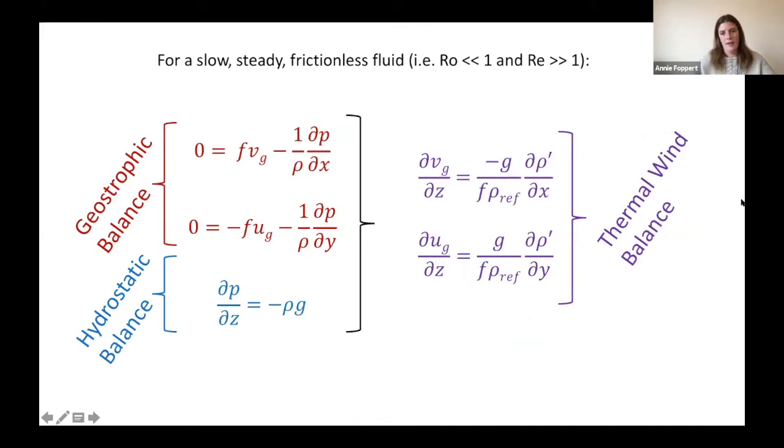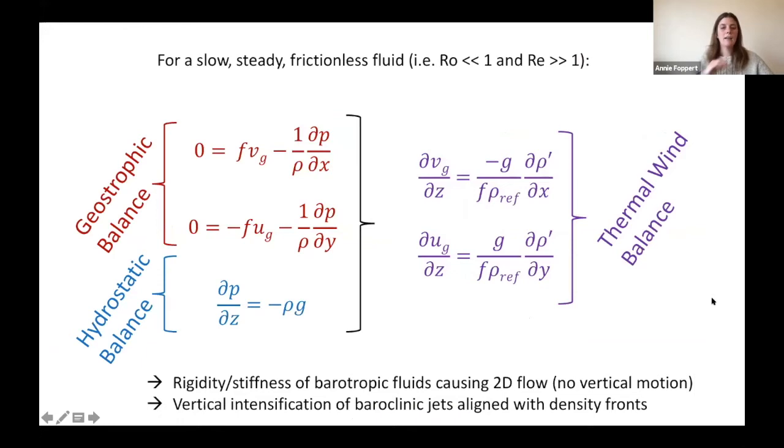And so that's a summary slide for you. The geostrophic balance causes this rigidity or stiffness of the barotropic fluids that causes these 2D flows and Taylor columns that are unable to have any change in velocity with the vertical and no vertical motion because of the solid boundary at the bottom.